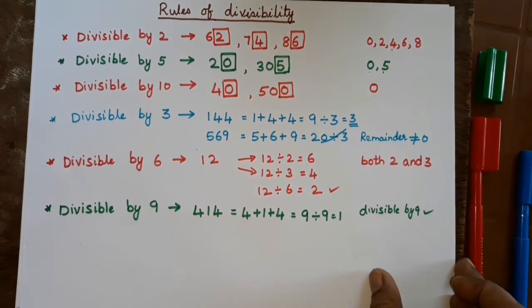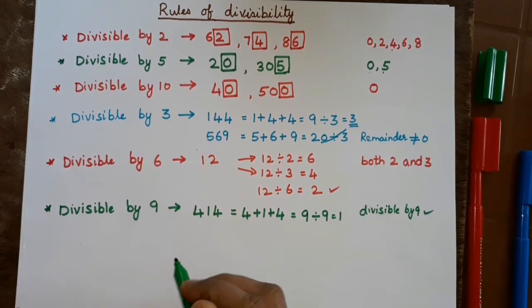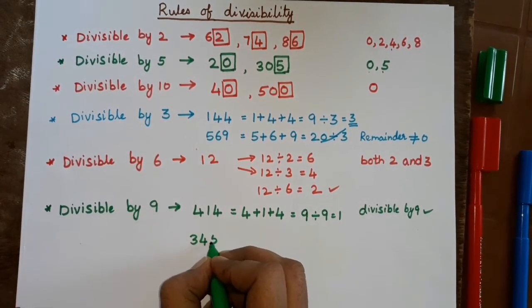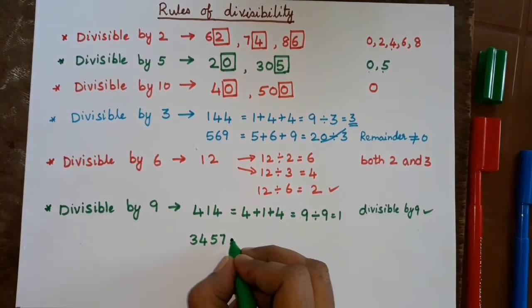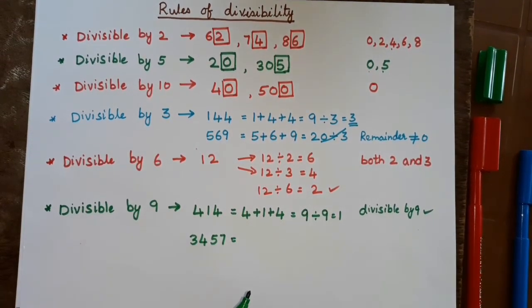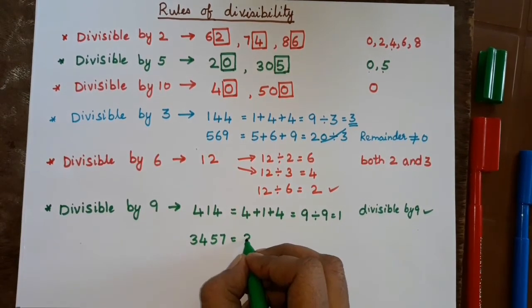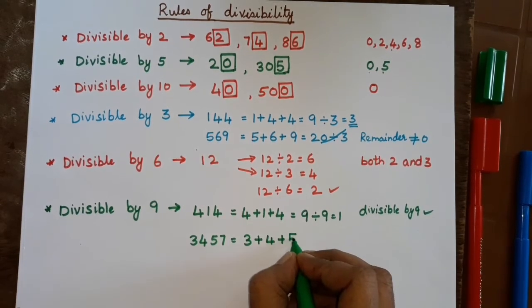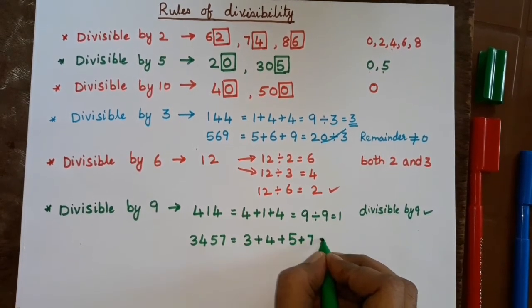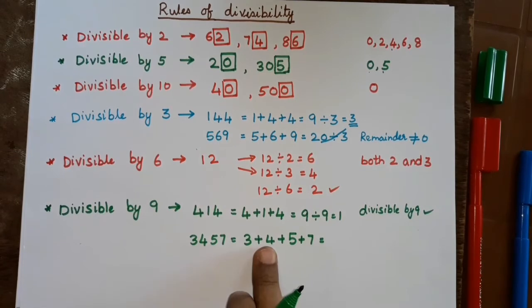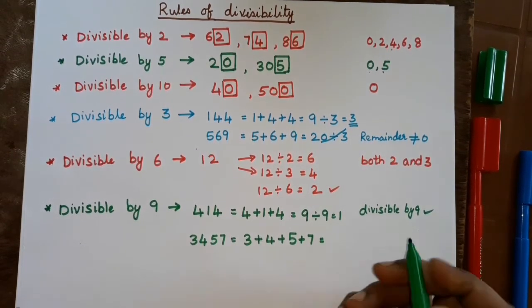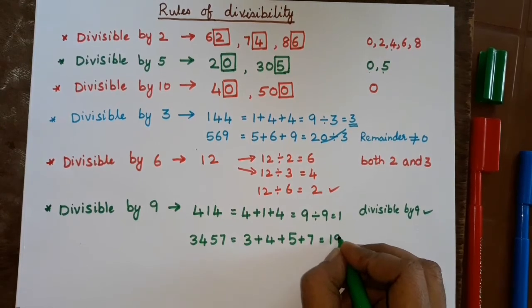Hope you understood this. Now let's check one more number. 3457. We have to check whether it is divisible by 9. So we will find the sum of 3 plus 4 plus 5 plus 7, which is equal to 4 plus 3 is 7, 7 plus 7 is 14, 14 plus 5 is 19.